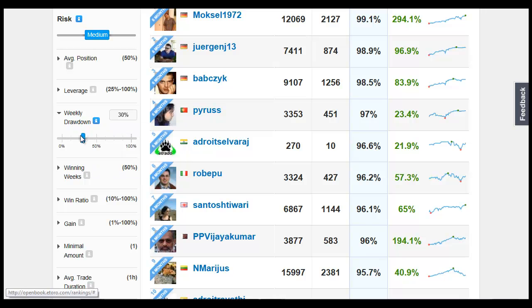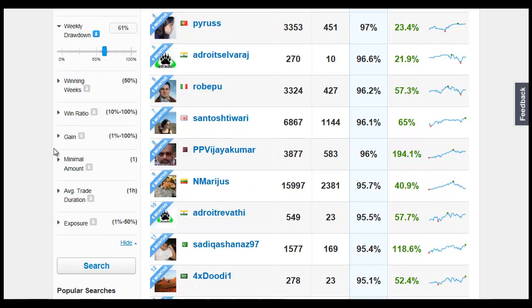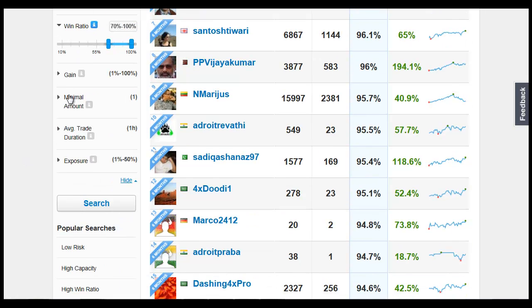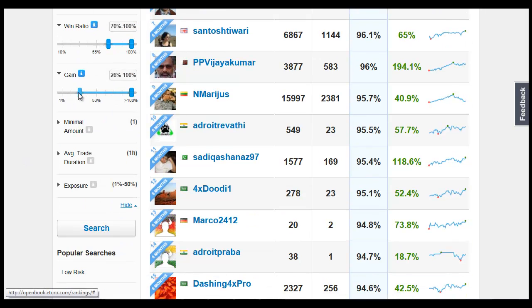In case of a range market, I will of course be much more forgiving on the weekly drawdown. Winning weeks will not be relevant for me. Win ratio, which is the best indicator for short-term traders, will be really important for me, so I'd want more than 70%. I want his gain to be above 50%, of course, but still maybe less than 100.